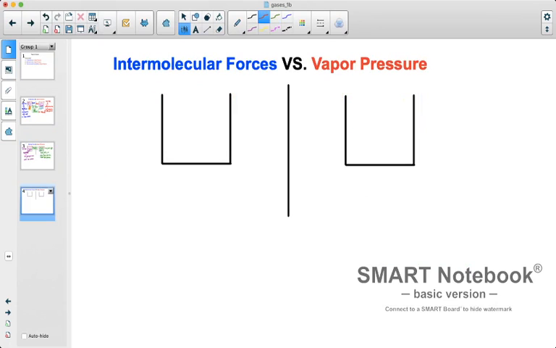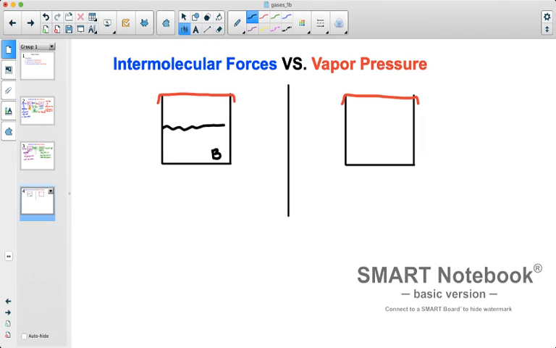The beakers are the same, once again, going to be a closed system. And we're going to have different liquids again. Well, this is going to be liquid B. I'm just going to put a little B here.